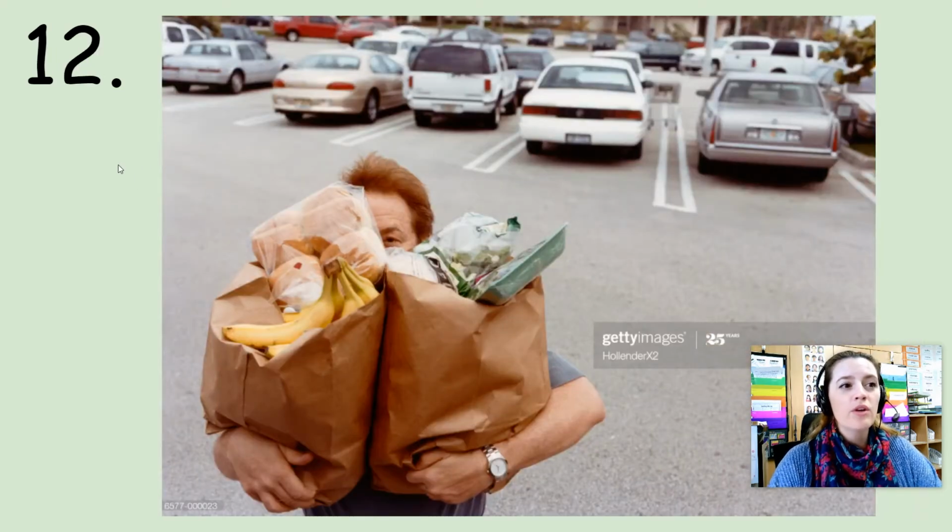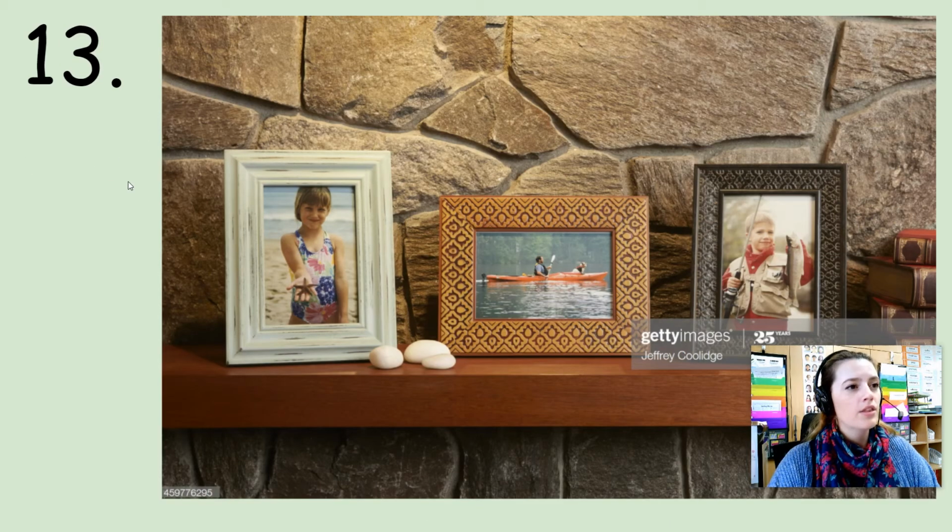Number 12, bring. Can you bring the groceries inside? 13, photo. Do you have photos in your house? I have photos of you.